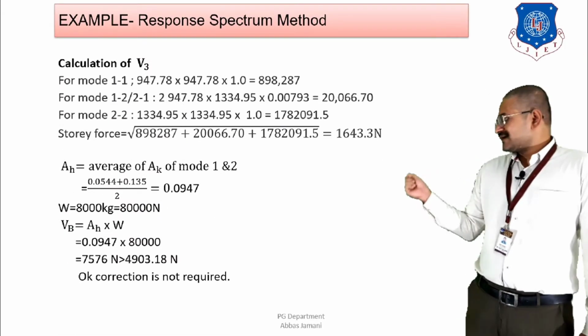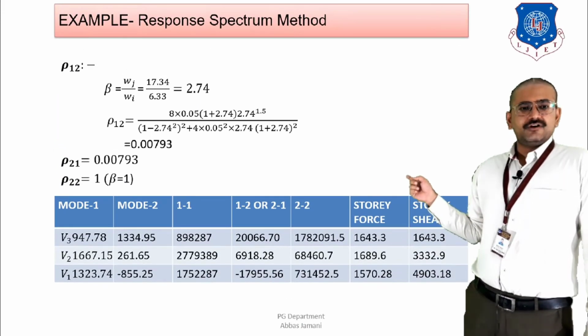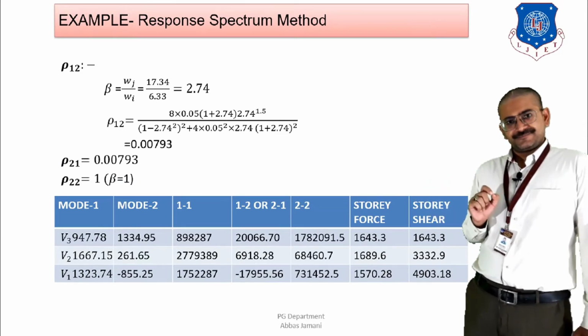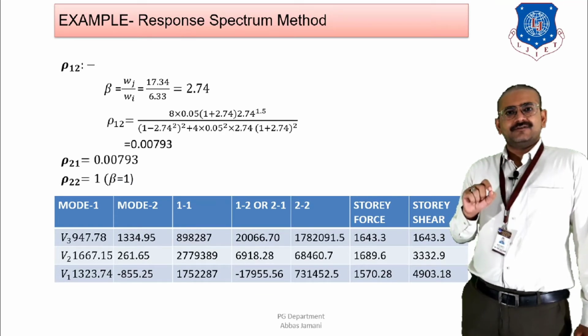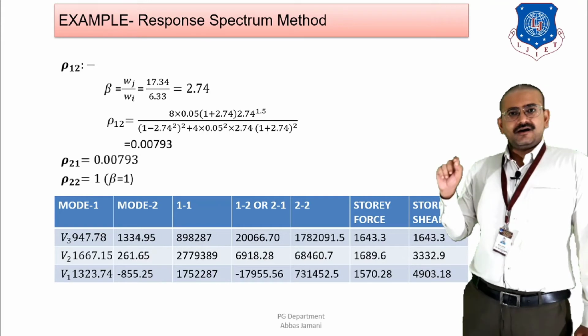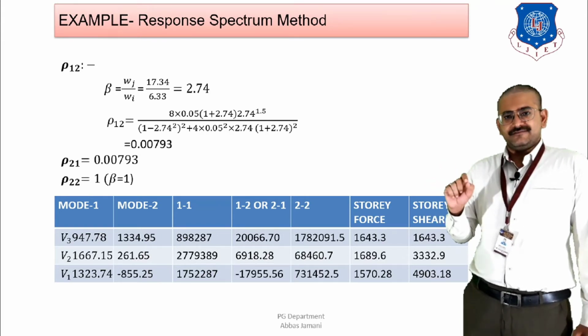For mode 1, the corresponding value for V3 is 947.78 kilonewton. So when I am taking 1, that means lambda i is lambda 1, lambda j is lambda 1, and at the same time rho ij will be equal to rho 11. Right? So the rho 11 value is 1, that we have obtained.